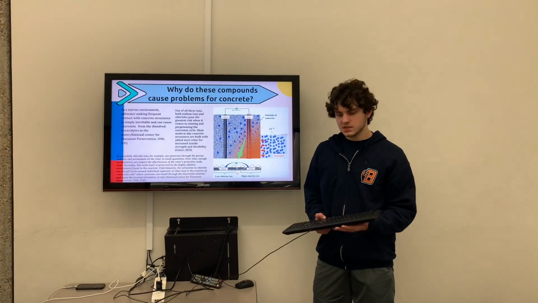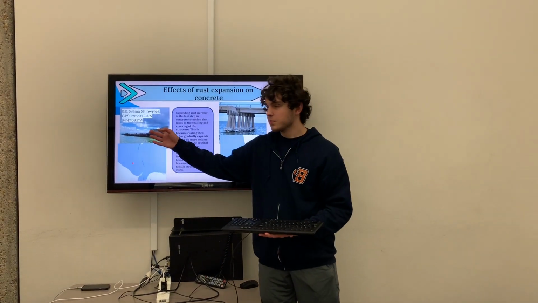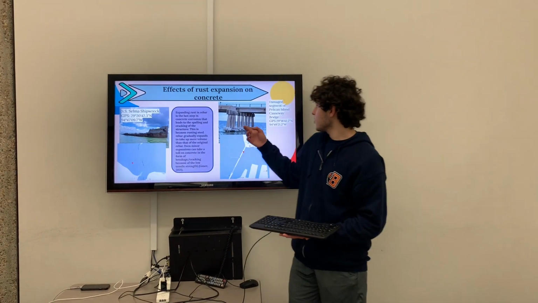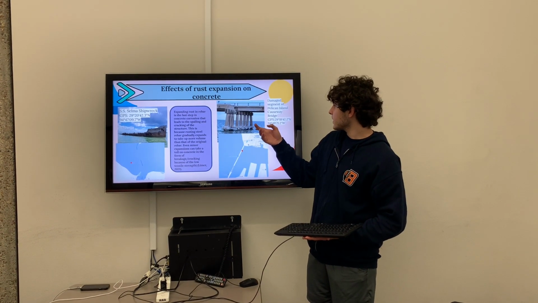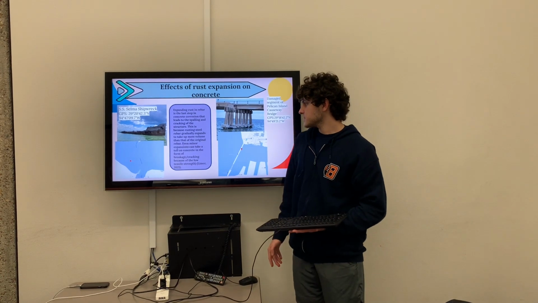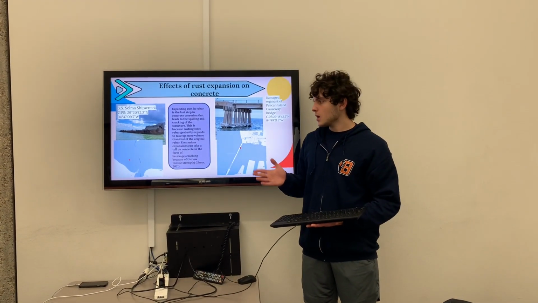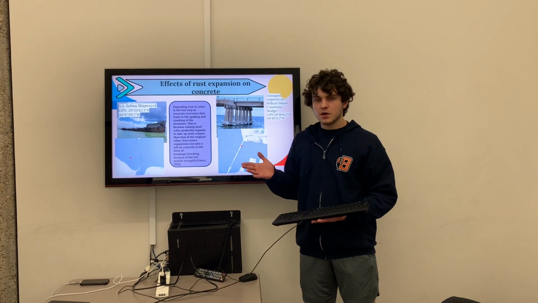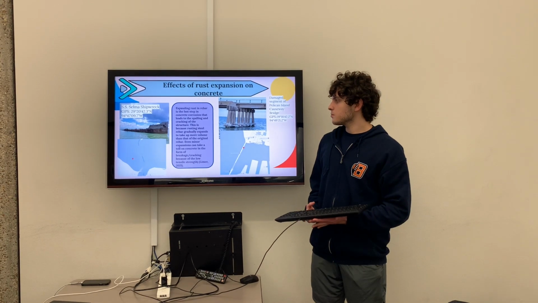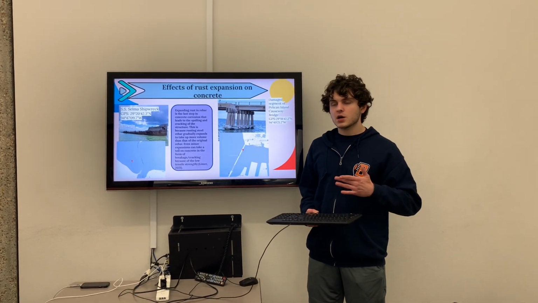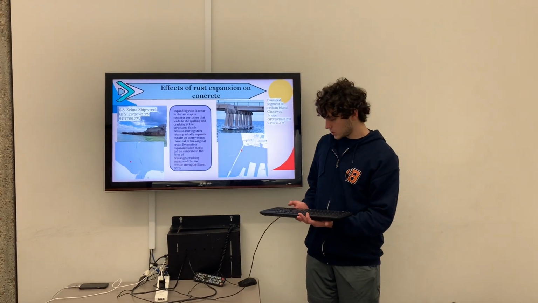And of course, rust is bad because it expands, and you can see that's exactly what happened with the SS Selma shipwreck, or this damaged segment of the Pelican Island Causeway Bridge. You can see that rust takes up more volume than the raw rebar would, and this goes along with how I was saying earlier that the rust will basically break and crack the concrete, exposing it to even more seawater and perpetuating this cycle of corrosion and breakage.